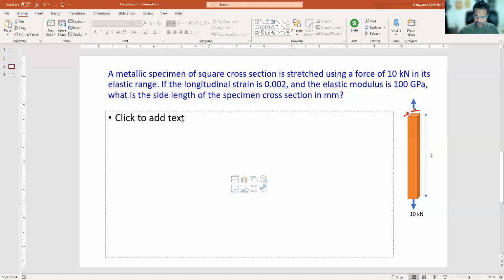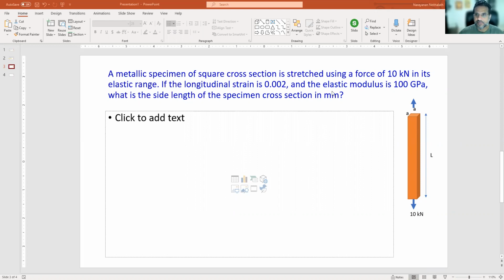Here is a problem that doesn't give you the cross-sectional dimensions, but just tells you a cross-section and a length for a prismatic specimen that you're stretching with a force of 10 kilonewton. When you say stretching, it is tensile stress, 10 kilonewton in its elastic range.